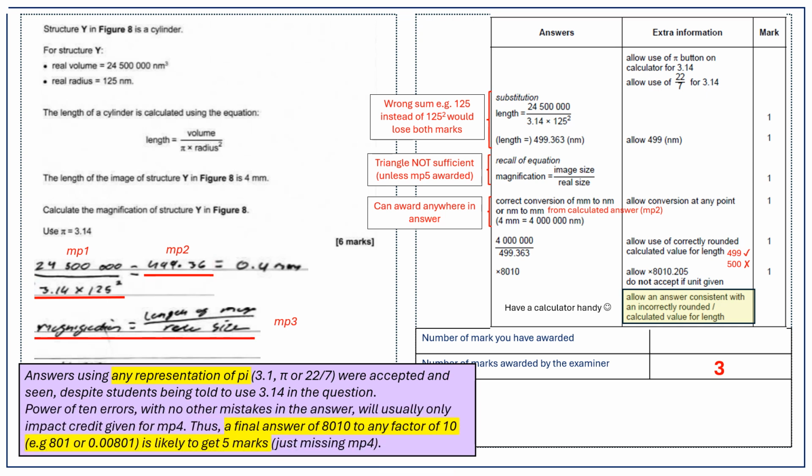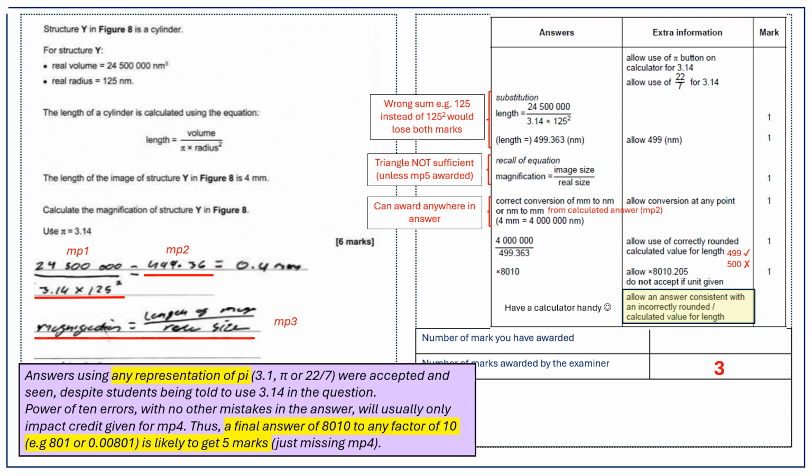The other piece of information on the examiner report that I feel is worth mentioning is that power of 10 errors, if there are no other mistakes in the answer, will usually mean that a student can get 5 marks. For example, if a student gives an answer of 801 or 8.01, they are likely to get 5 out of 6.